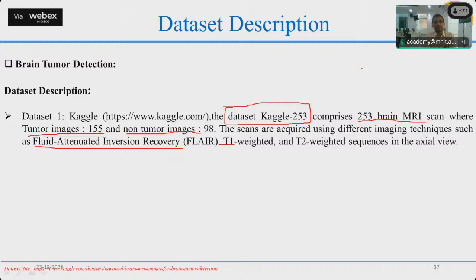With 253 images, that's why we are using machine learning, not deep learning. That's why machine learning is preferable here. Another problem is that these are tumor images, and you can't regenerate them or take different samples.